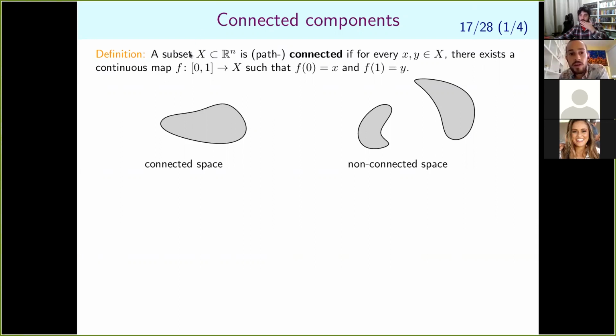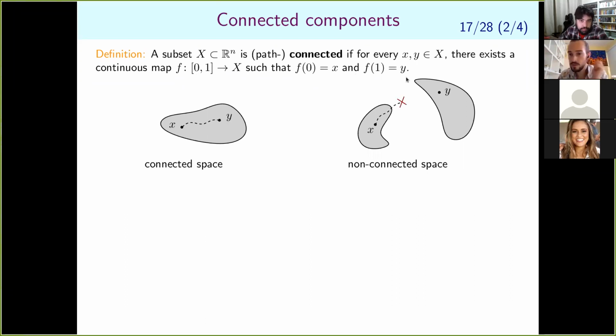Take a topological space, a subset of Rn here. I say that it is connected if for any pair of points x and y you choose in your space, you can define a continuous map f from the interval [0, 1] to X, such that f of 0 is x and f of 1 is y.